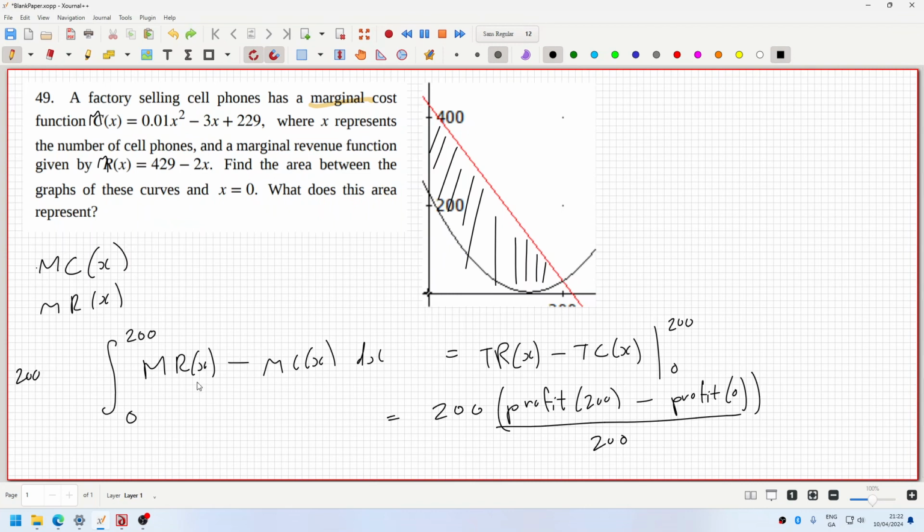Maybe I don't want to do that. What would that be? The profit at 0. Well, there's no profit at 0 because you haven't sold anything. So how would I explain this?